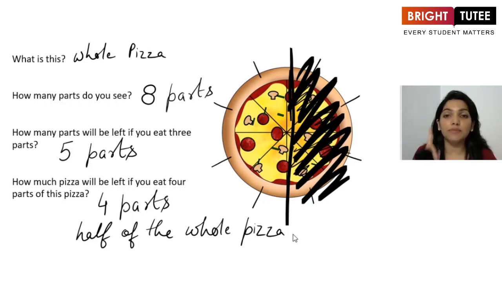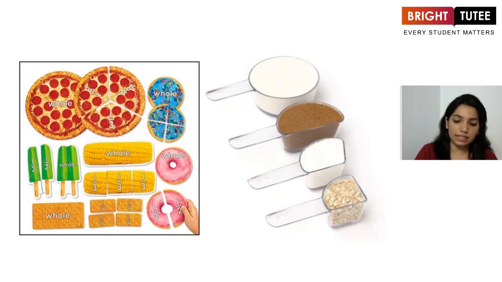We are going to see how these parts can be named accordingly. Now some more examples where you might see fractions in your daily life. The first example is pizza itself, then donuts; everything you break into parts, you have divided into fractions.